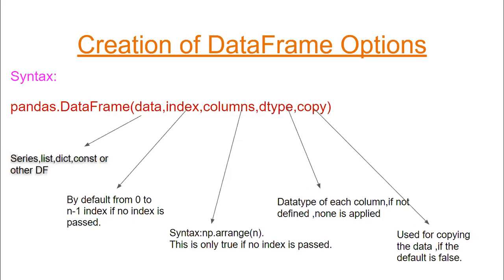Then copy, this is used for copying the data, and the default is false. So if you want to copy some data, you can use this command copy. If you didn't give the copy value, the default is copy equal to false. So that is the default value.